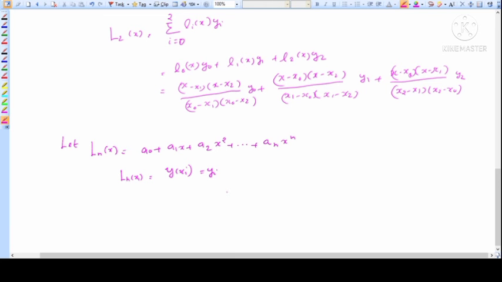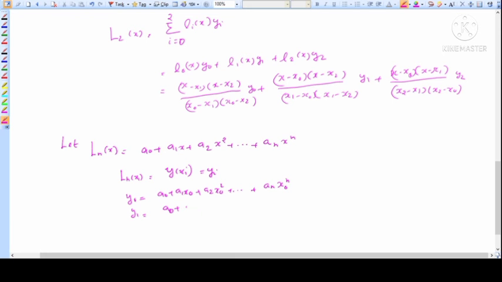And when we put different values for x, we get y0 is equal to a0 plus a1 x0 plus a2 x0 square plus etc. plus an x0 raised to n.